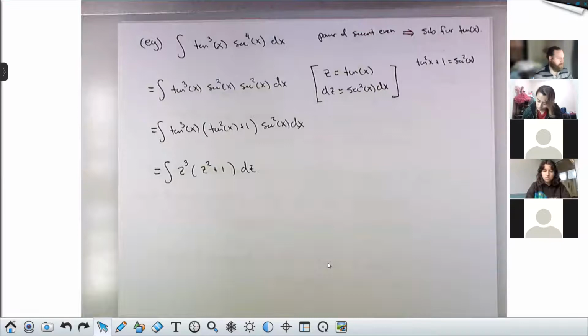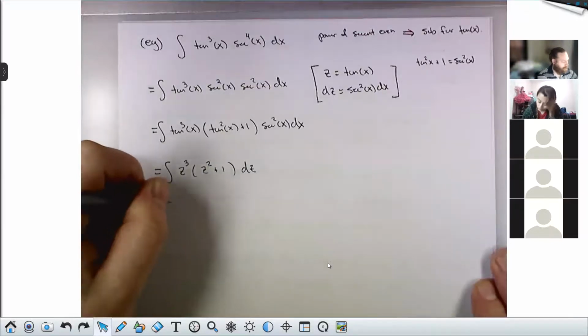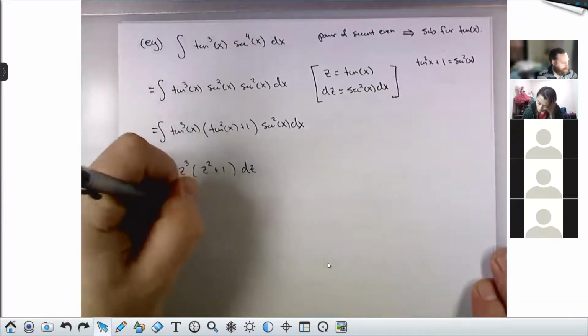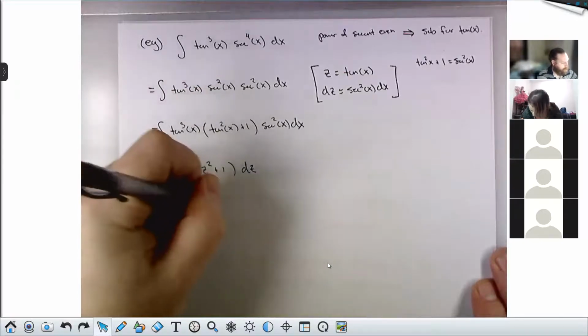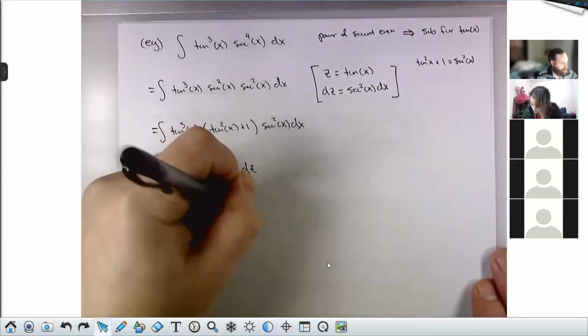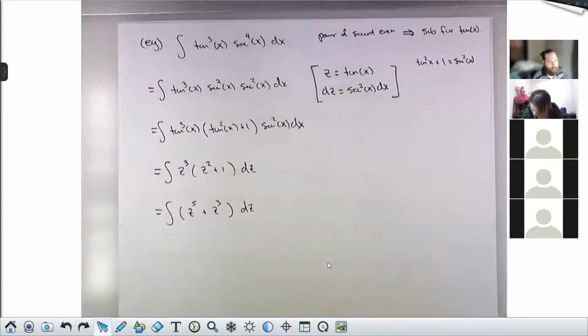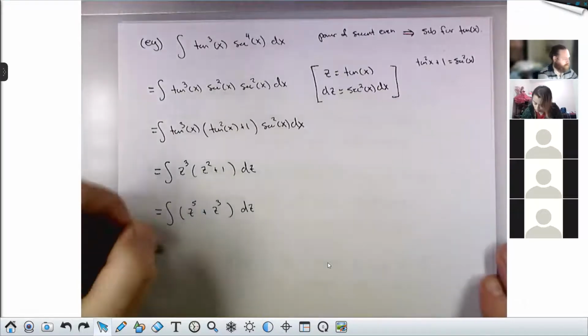Distribute the z cubed. Z cubed times z squared is z to the 5. Z cubed times 1 is z cubed. And now you have a polynomial in its expanded form. You can integrate that using the power rule.